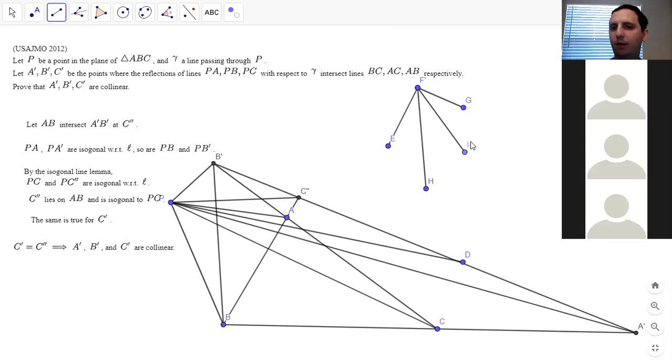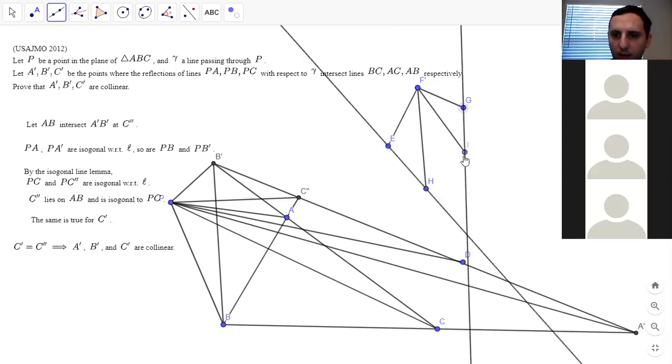FH and FI are isogonal, and it turns out that if you intersect EI and GH, and you intersect EH and GI, you get two new points, and these two are also isogonal, which is pretty surprising, right?